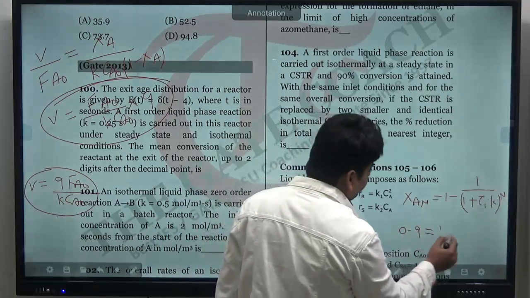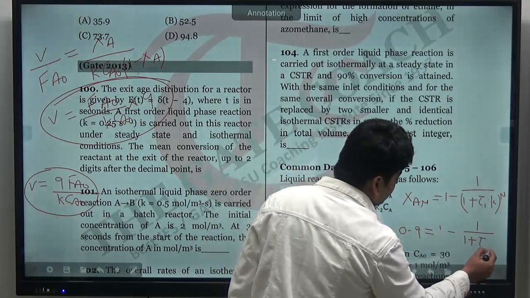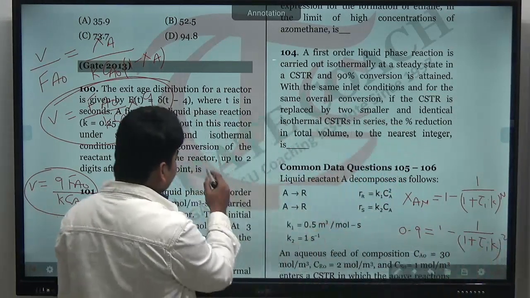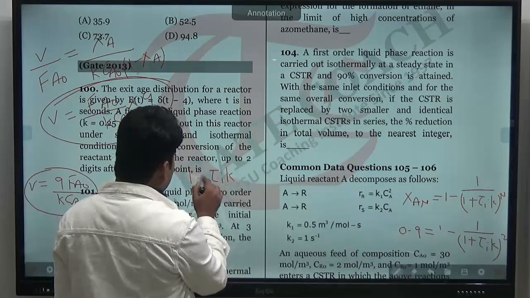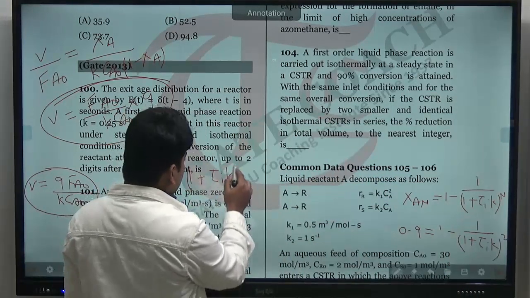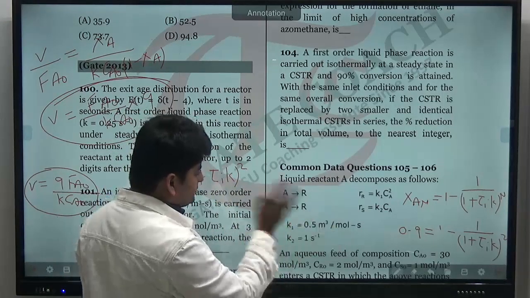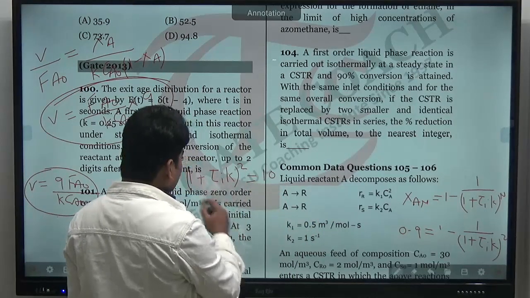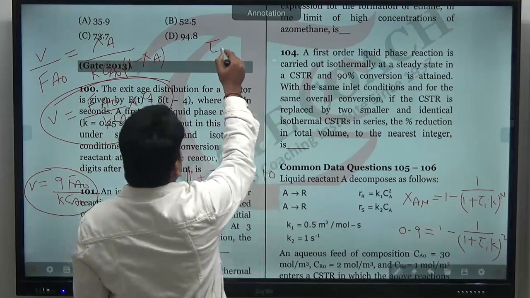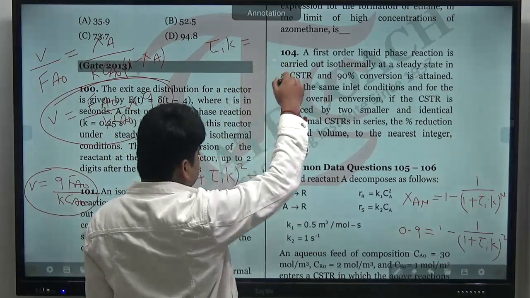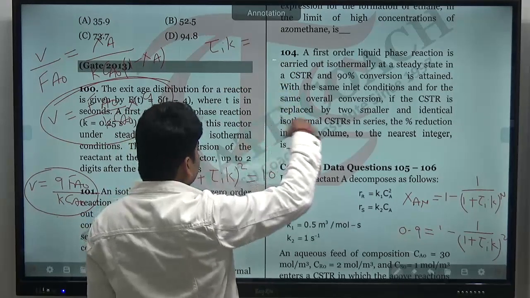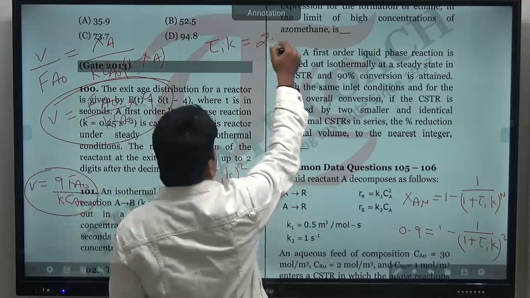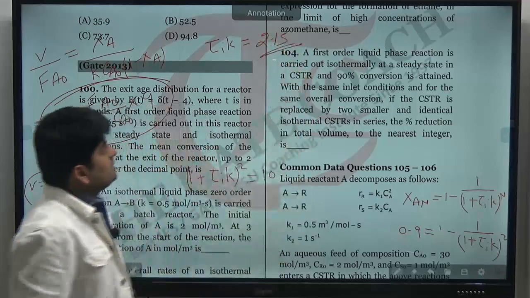So for two MFRs in series, it will be 0.9 equals 1 minus 1 upon (1 plus tau_i k) power 2. And when you solve this, you will get (1 plus tau_i k) power 2 is equal to 10. So tau_i k is equal to square root of 10 minus 1, that is 2.15, I guess.